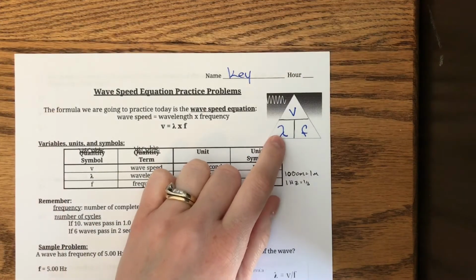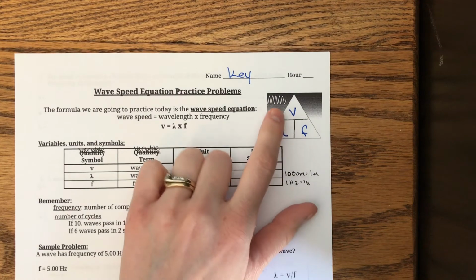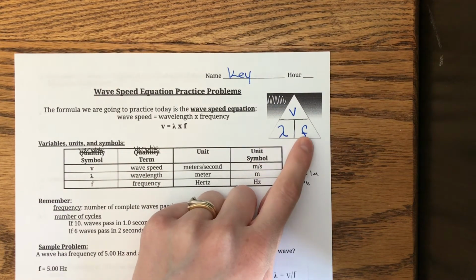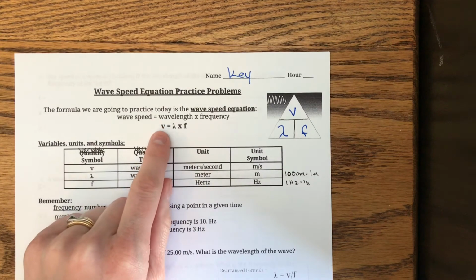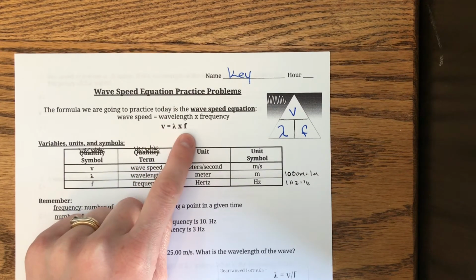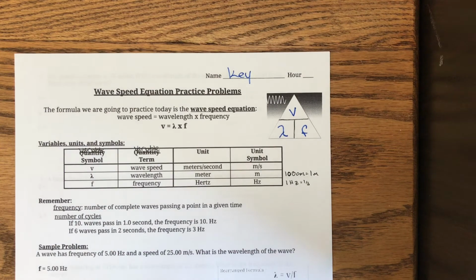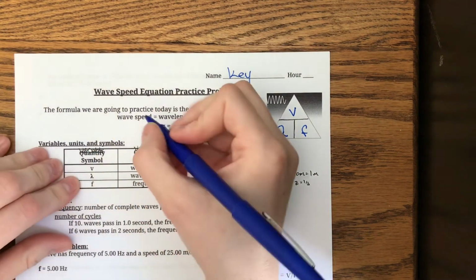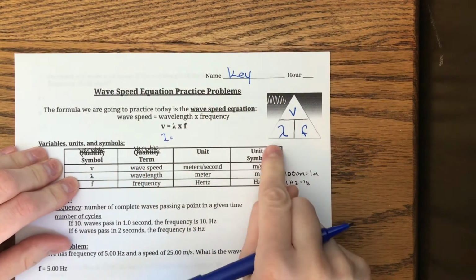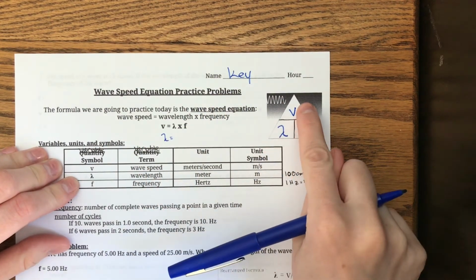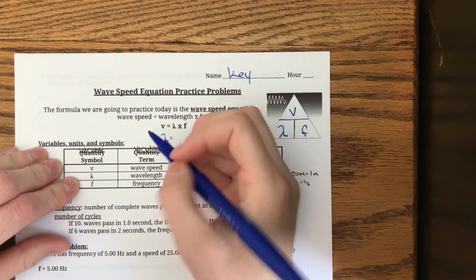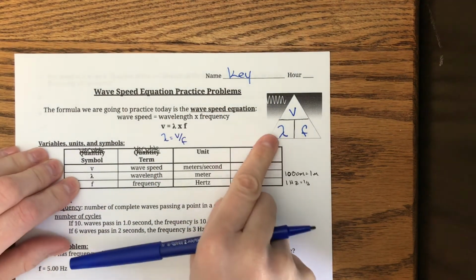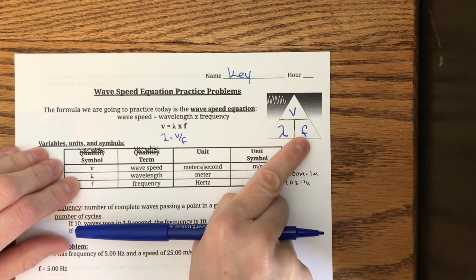So here's the equation triangle for that. We could say velocity is equal to wavelength times frequency. Velocity equals wavelength times frequency. If we wanted to solve for something else, let's say we want to solve for wavelength, we would have wavelength equals velocity over frequency.